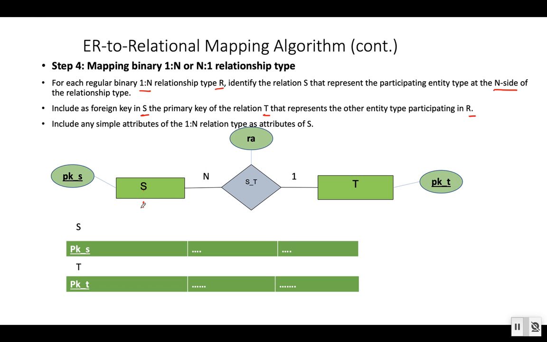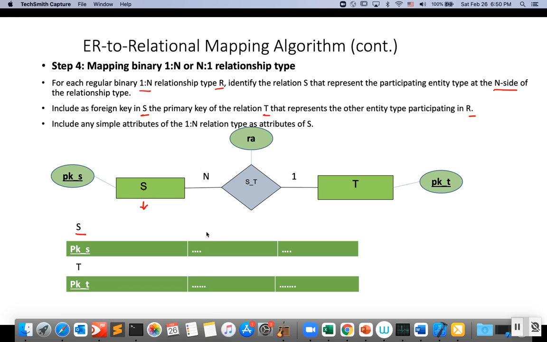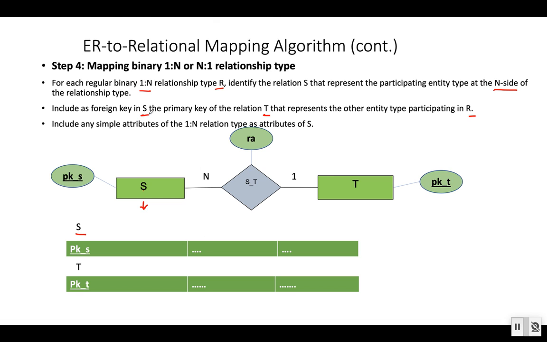So we identified the entity S which is participating on the n side. So we are going to include a foreign key in relation S, and this foreign key will reference the primary key from the other side.